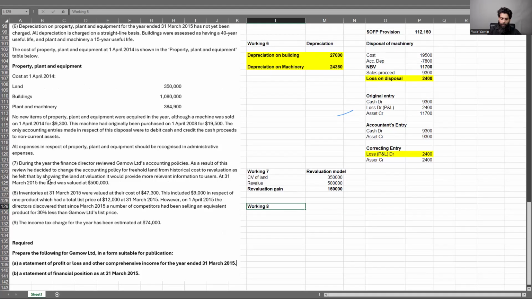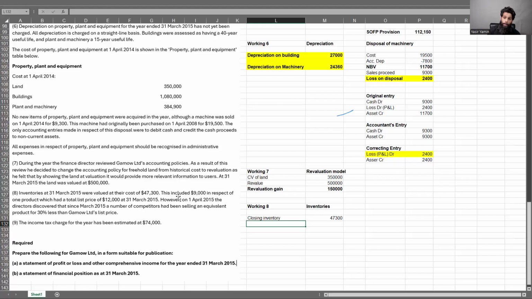It says inventories at 31st March 2015 were valued at their cost of 47,300. So the examiner is providing us closing inventory of 47,300. Now it's a test for everyone.